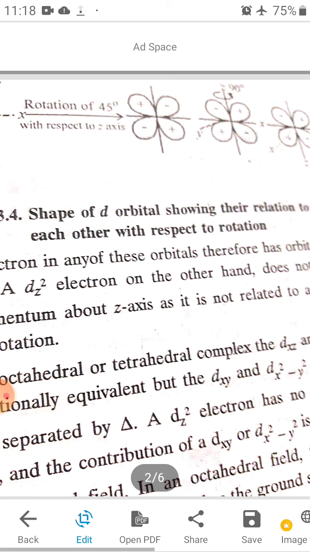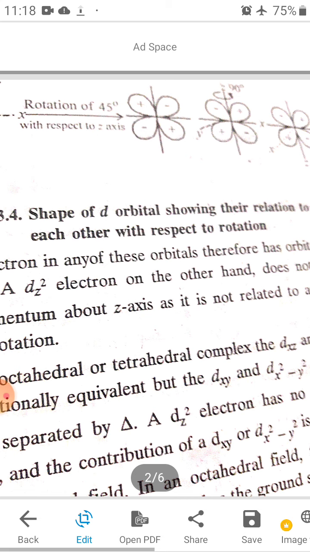In an octahedral complex, the dxz and dyz orbitals are rotationally equivalent, but dxy and dx square minus y square orbitals do not, separated by delta o from dz square.